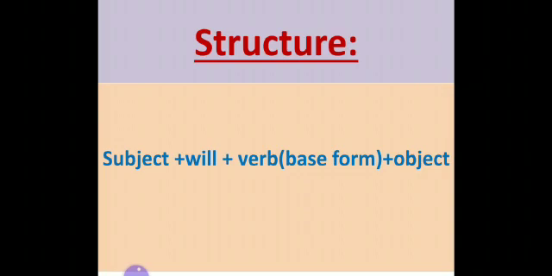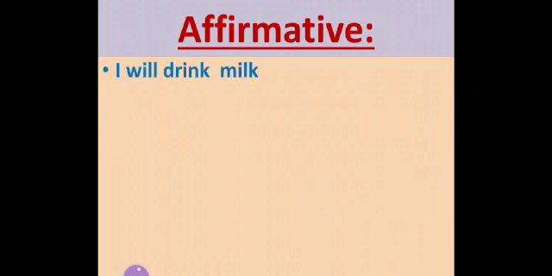After the subject, you can add will, then verb 1, and an object. As you know, it has three forms: affirmative form, interrogative form, and negative form.